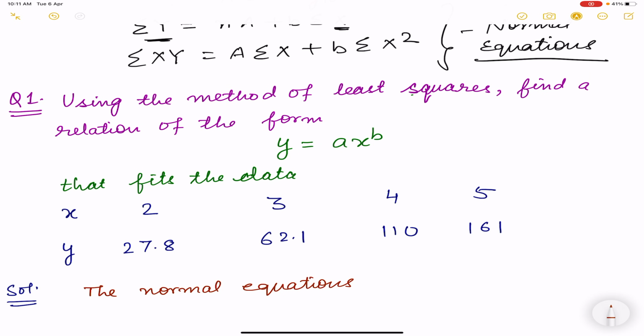Our question number 1 is, we have to find a relation of the form y is equal to ax to the power b. That is, we have to fit this curve to the data given in the question.